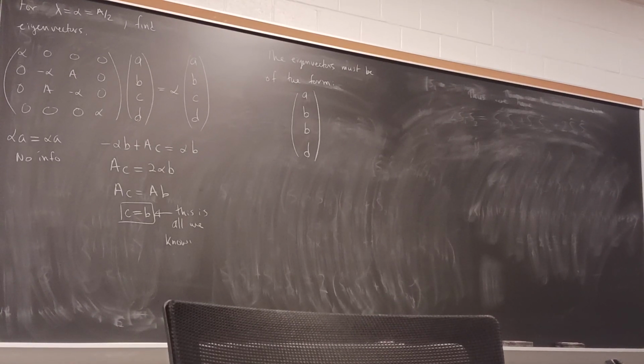What are we after? What do I want to do? Well, okay, we want to identify the eigenvectors. Could we do lambda equals minus 3a over 2?